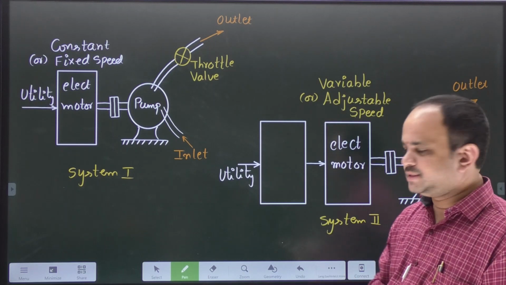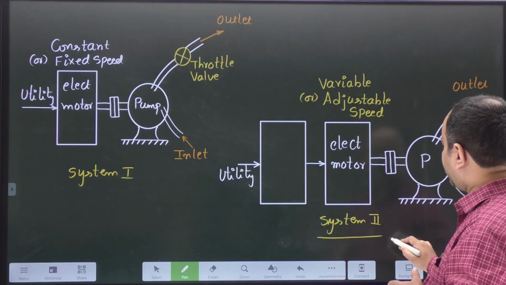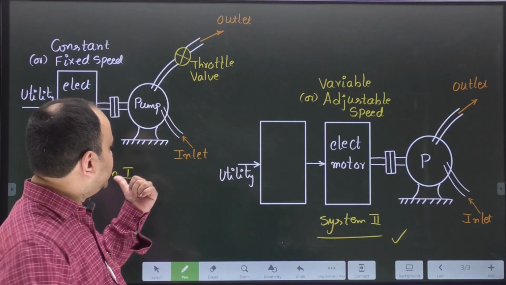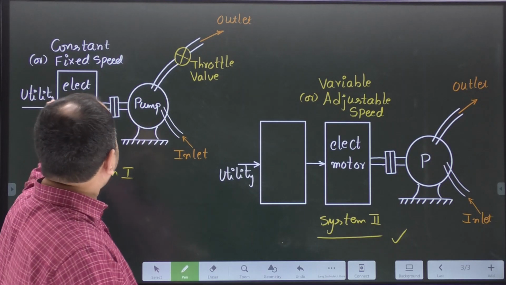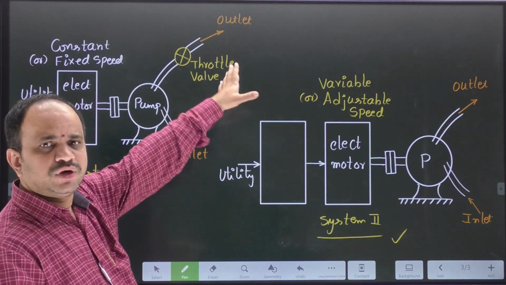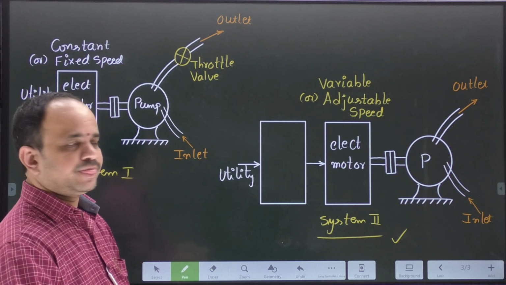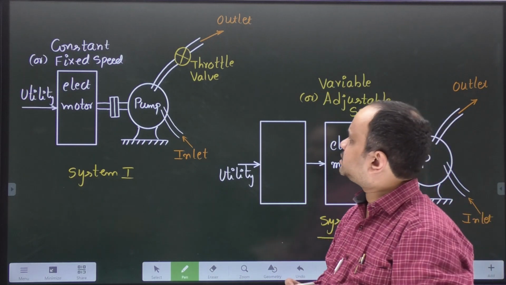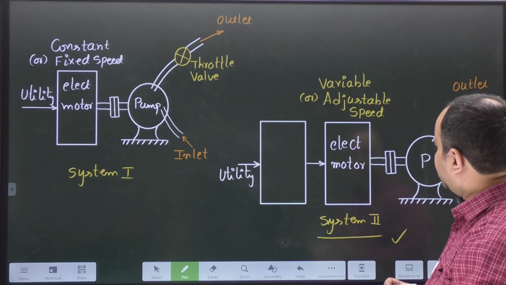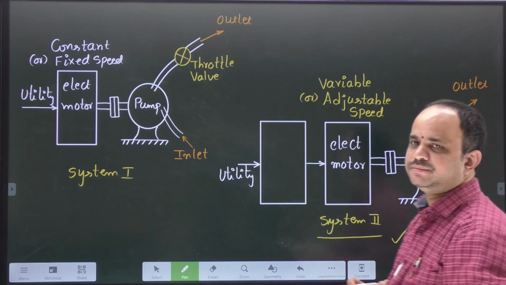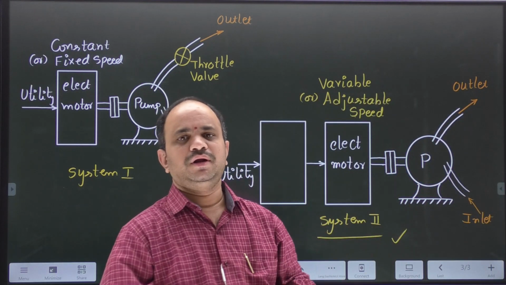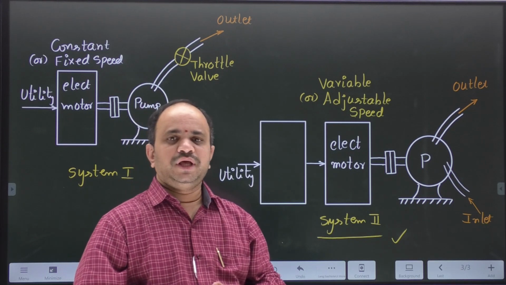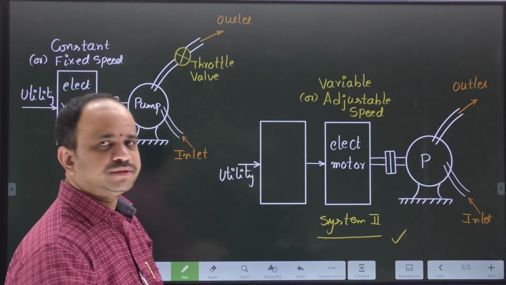Therefore, we can say the second system is more efficient than the first system, because in the first, whatever power you are taking, irrespective of the outlet, is always the same, but most of the power is wasted in the form of hydraulic losses at the throttle valve. Therefore, in the second system, by operating the electric motor as a variable or adjustable speed machine, we can improve the efficiency of the overall system.